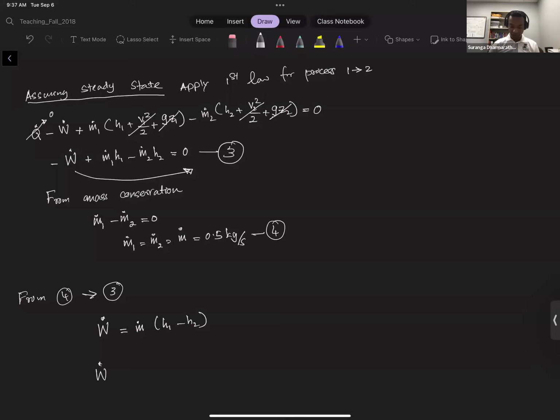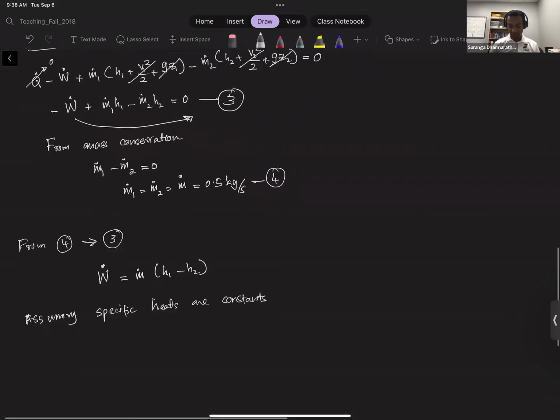Assuming specific heats are constant, W dot equals m dot Cp (T1 minus T2).